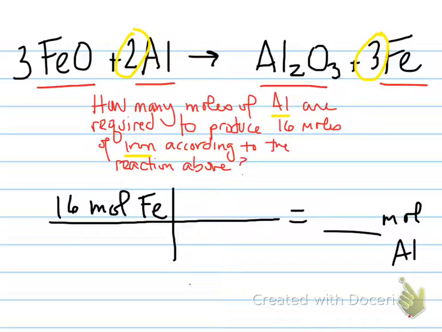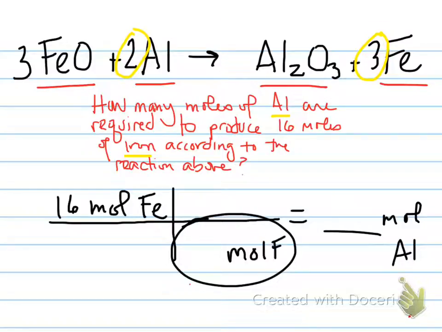If you think back to all the stoichiometry you've done, units and chemical have to cancel. So what units, what chemical go on the bottom? Moles of iron. Cool. Moles, Fe, and we can get rid of this stupid circle. Okay, so what units and chemical go on the top? Moles of aluminum, what we want to end up in.